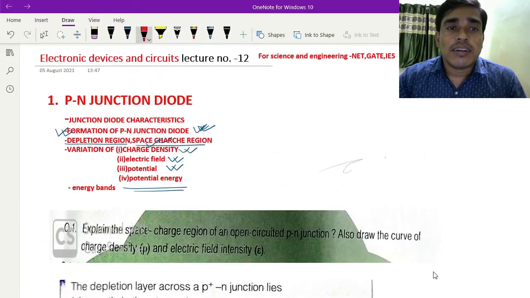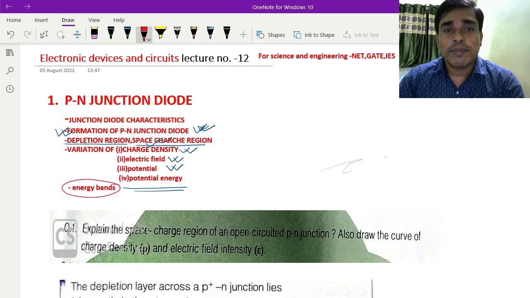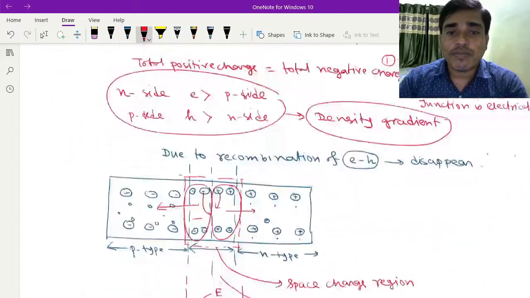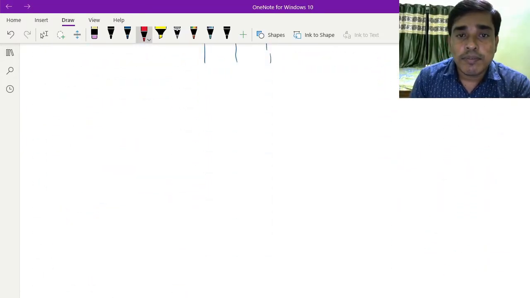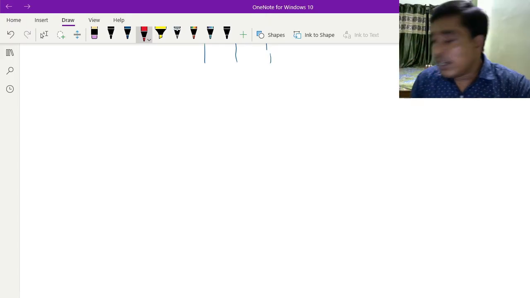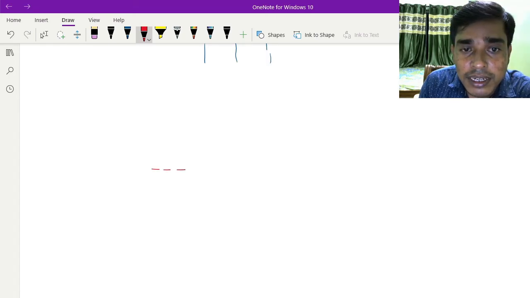And there is another thing: the energy band. You have to know the energy band of the p-n junction diode. One side is p-type and another is n-type. So if I draw an energy band diagram, suppose this is the Fermi energy level.